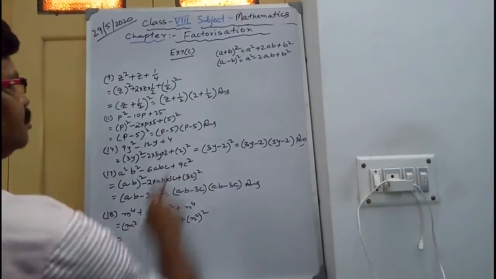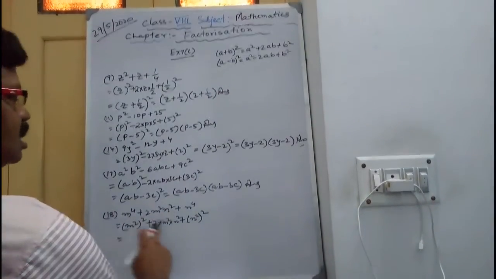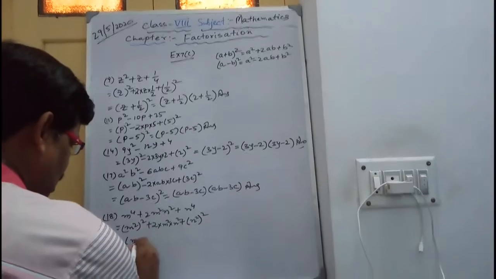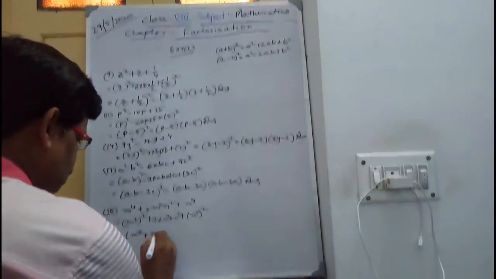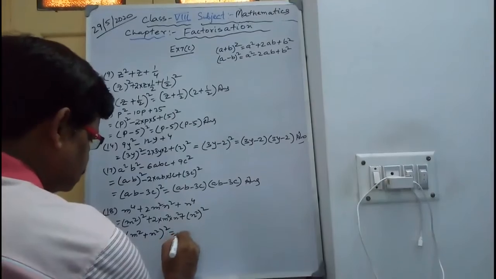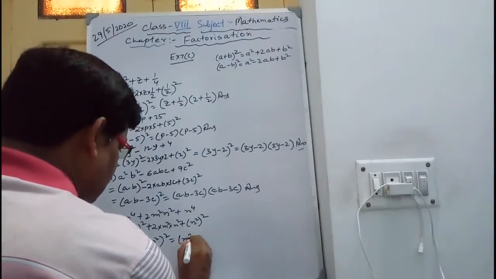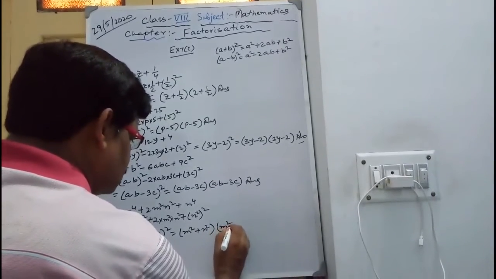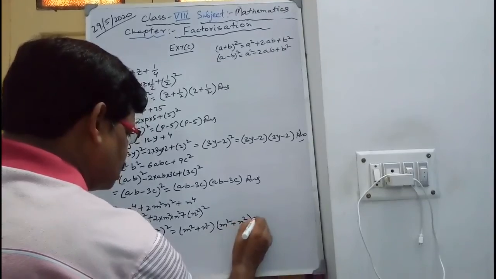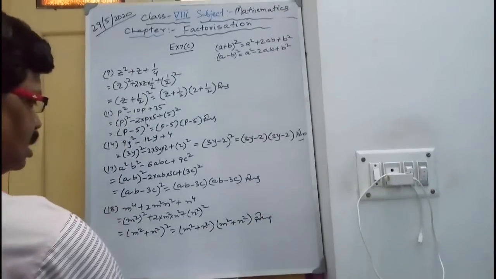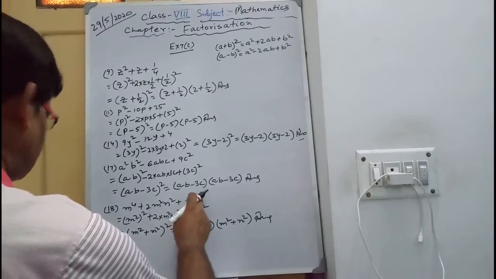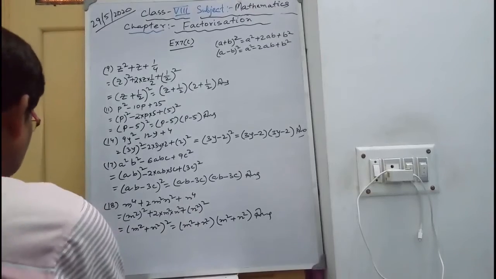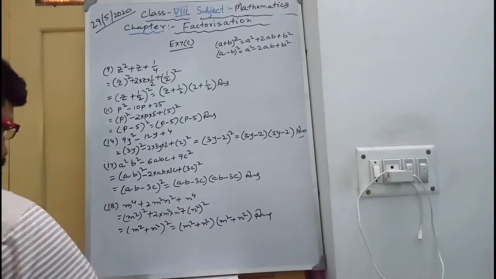So in place of a, here is m square, in place of b, here is n square. So (m square plus n square) whole square, write in lowest power, m square plus n square, m square plus n square. So this one is the answer of this question. And these are the factors of this question.